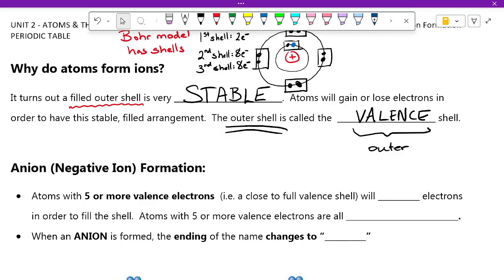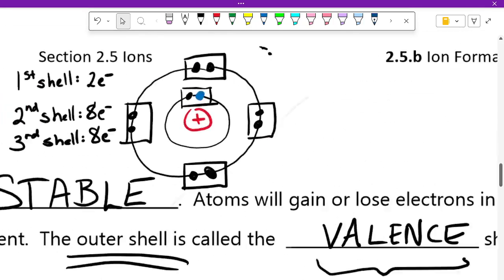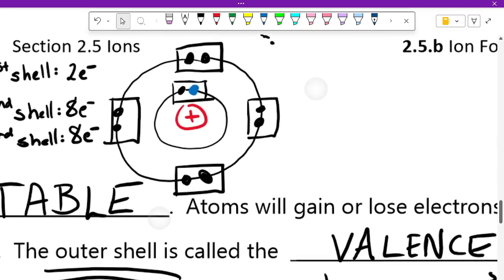So for shell number 2 and shell number 3, how many is full? 8 is full. What's halfway full? 4. So what's more than halfway full? 5 or 6 or 7. So we are closer to full.